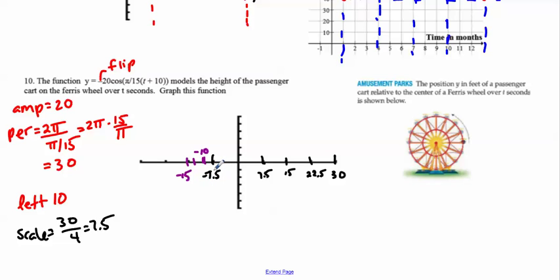Let me make my midline and my upline and my downline. So I didn't actually shift up or down. So my midline stays on the x-axis. And my upline is going to be 20 above that. So I need to decide where 20 is. I'm going to count 5, 10, 15, 20. So here's my 20.